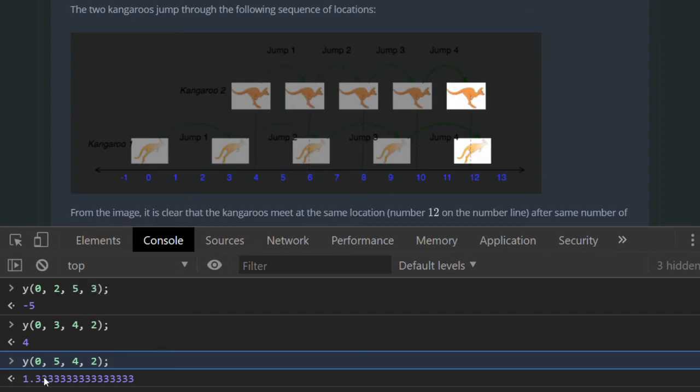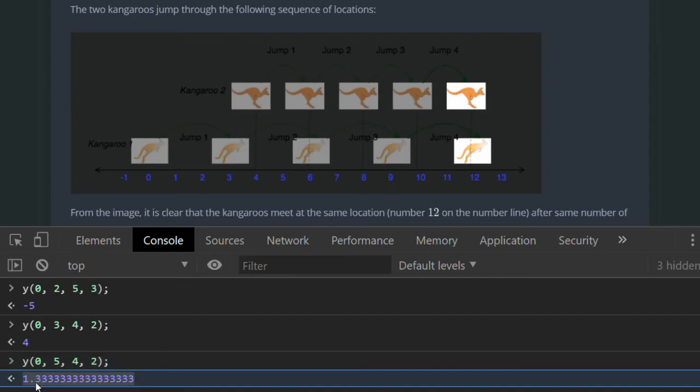So if the number contains fractions, this means they will never catch up because it's not a value that they can jump by. I hope this makes sense. 1.3 does not make sense because they only jump by integers, so they won't match at this point.